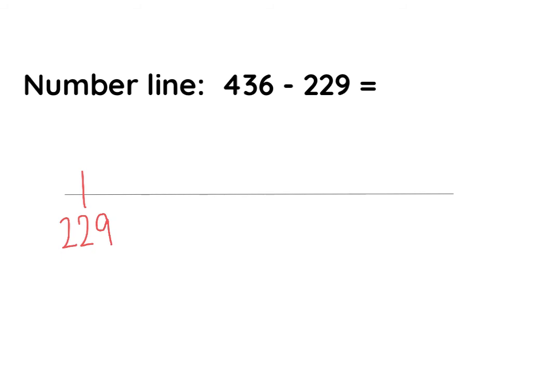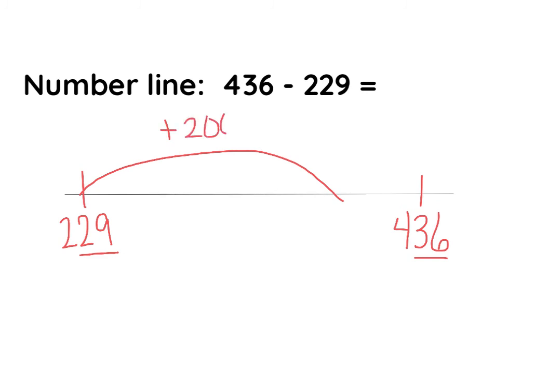229 and 436. Notice this one's super close, isn't it? So I know the answer is going to be about 200. So I'm going to add 200 that time. So 200 plus 200 is 429.